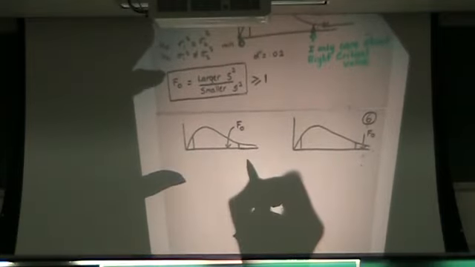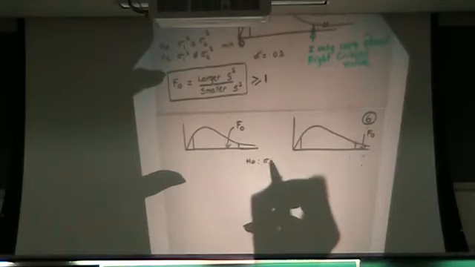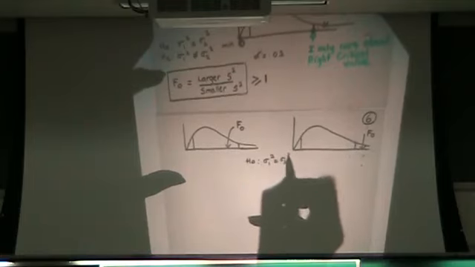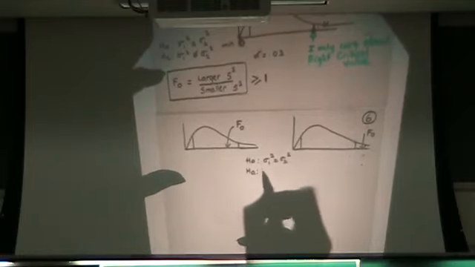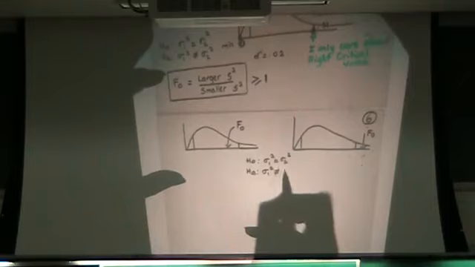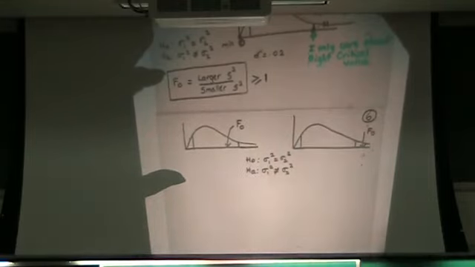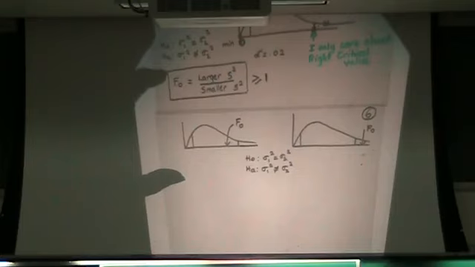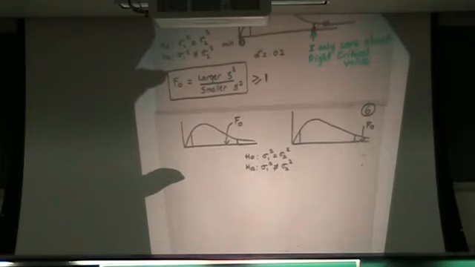And remember that H naught is sigma 1 squared equals sigma 2 squared versus HA, sigma 1 squared not equal to sigma 2 squared. Before I begin any comparison of means, I have to decide whether they came from populations with the same standard deviation or not. That's what I'm trying to do here.